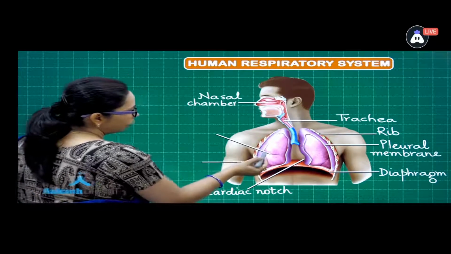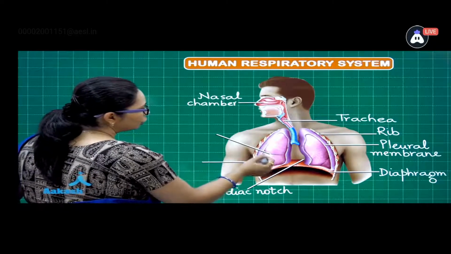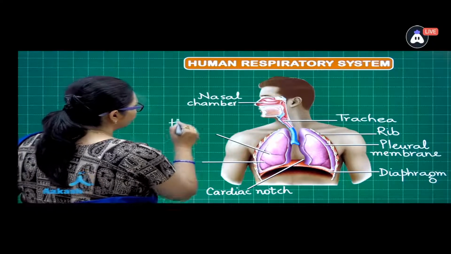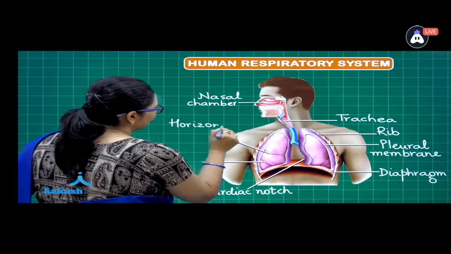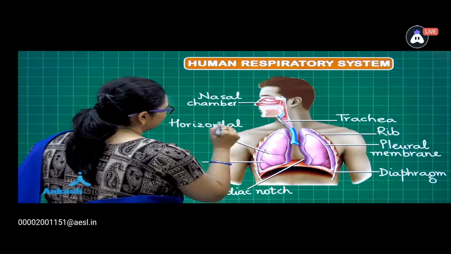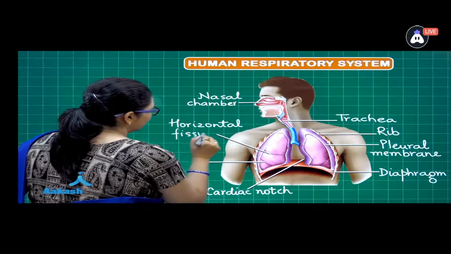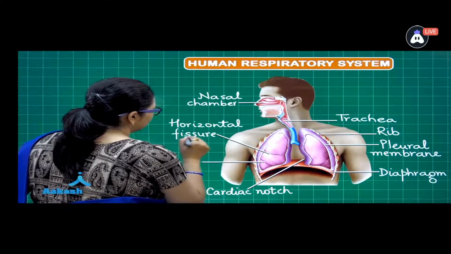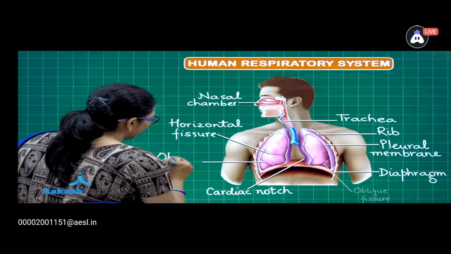And these are the fissures. This one which is going straight, this would be the horizontal fissure, while this one is the oblique fissure.